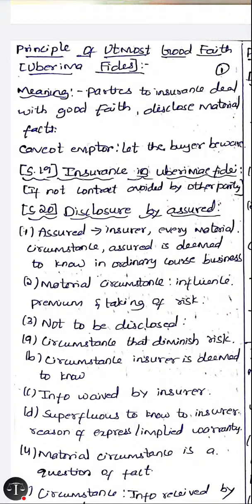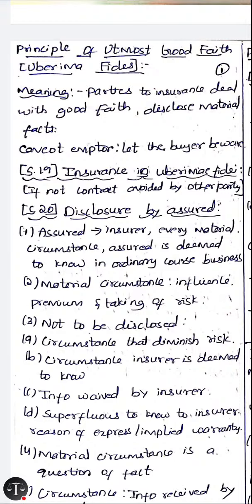The assured should disclose every material circumstance, and the assured is deemed to know all the material circumstances in the ordinary course of business. So what do you mean by material circumstance? Material circumstance means any circumstance which will influence the premium and which will also influence the taking of risk by the insurer.